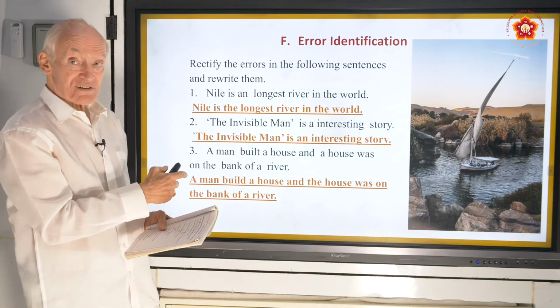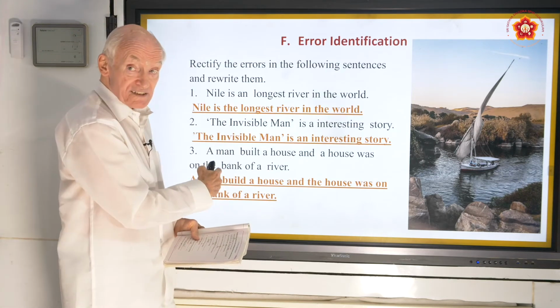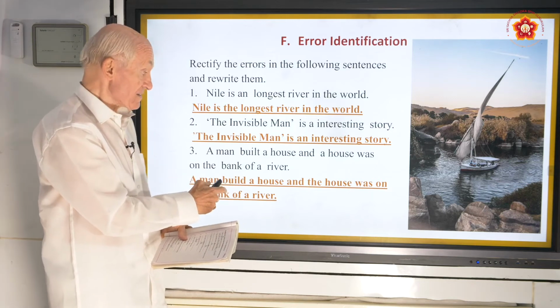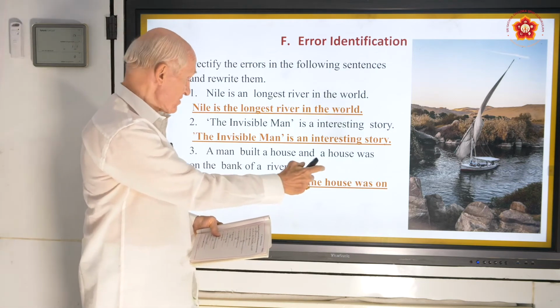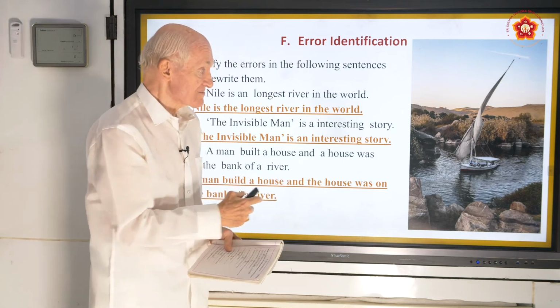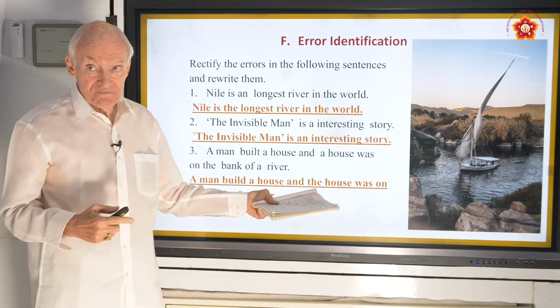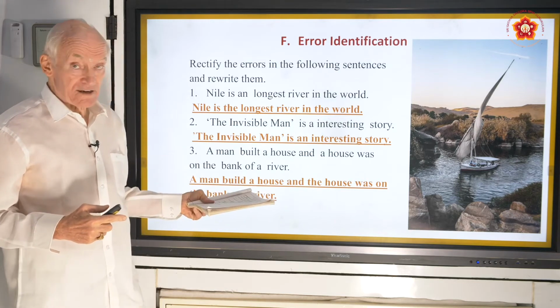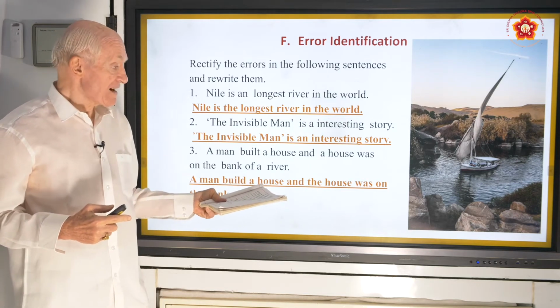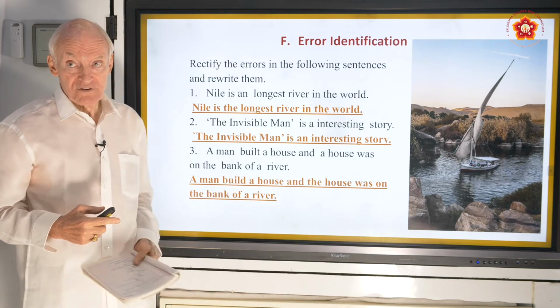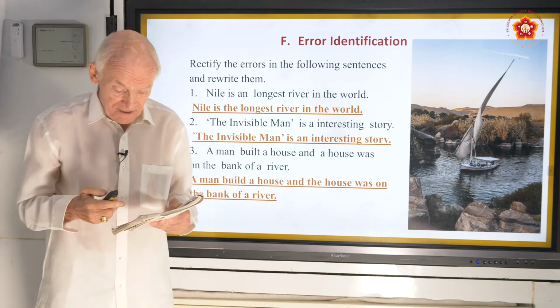A man built a house. Now we know it's the man's house. It's identified. It's no longer indefinite. And the house was on the bank of a river. So we have the correct word here. This is the definite article. This is the indefinite article. Once we've identified the house, we use the for further talking about that house.